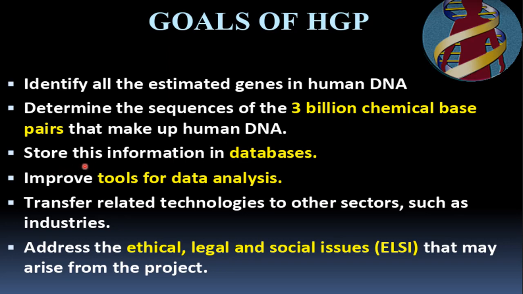The third aim was to store this information in databases, in computerized form. Improve tools for data analysis, meaning when this data is required, data analysis tools should be improved.